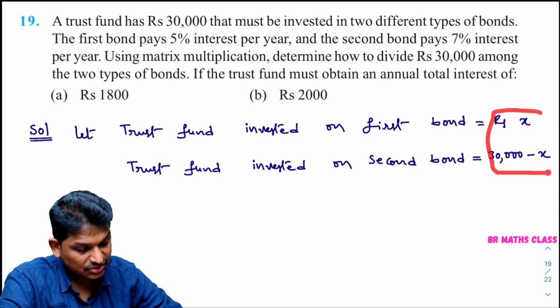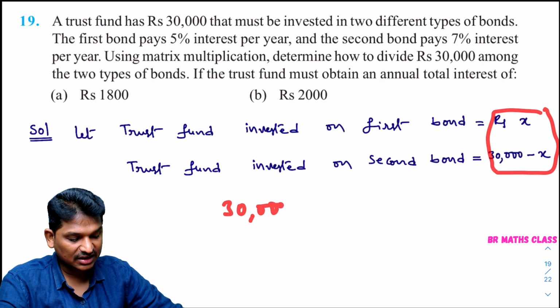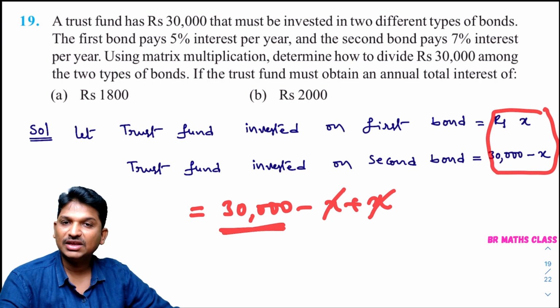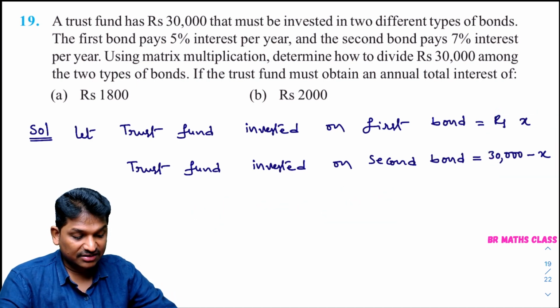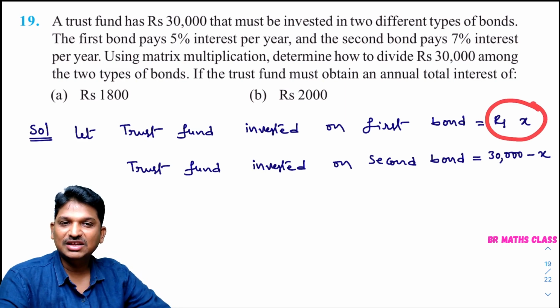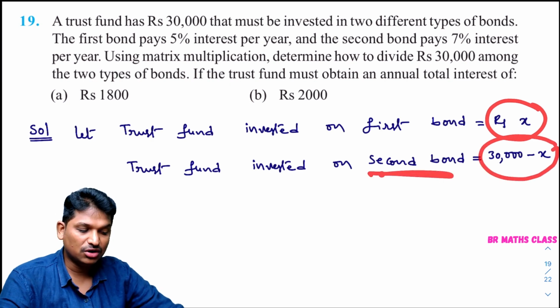If you add these two, 30,000 minus x plus x, minus x plus x will get cancelled, and you will get 30,000 rupees only, right? So I supposed that rupees x is invested on the first bond; obviously 30,000 minus x is remaining, and that is invested on the second bond.